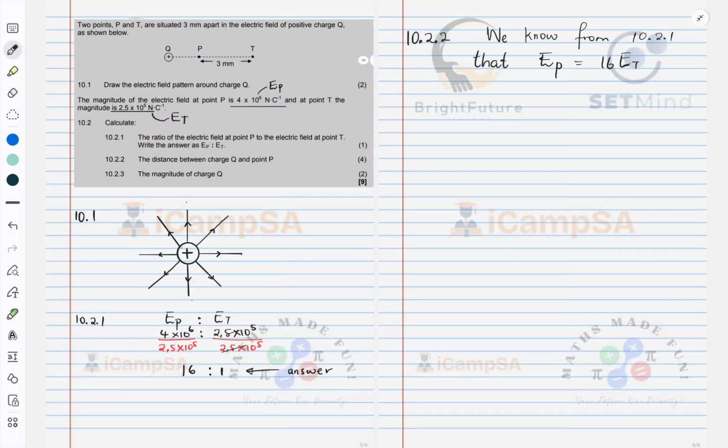So this is basically what it means mathematically in equation form. So now let's try to find the distance. We can go and say EP is 16 times ET, right? Then let's substitute.